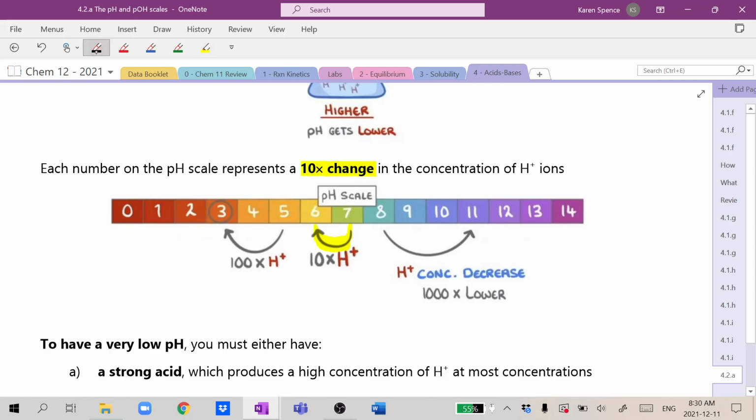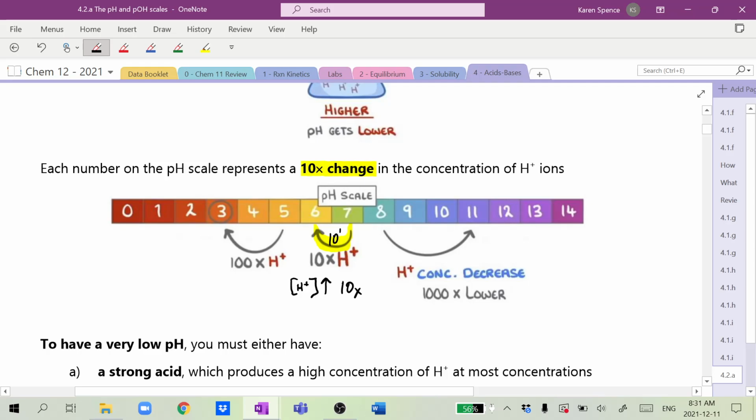Well, first of all, if our pH is going down, decreasing from 7 to 6, then the concentration of the hydrogen ion must be increasing because they move opposite of one another. And because it has moved 1 unit, it changes by 10 to the power of 1. So the hydrogen ion concentration increases by 10 times.